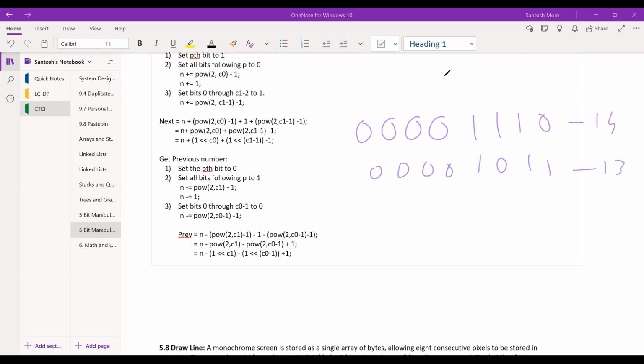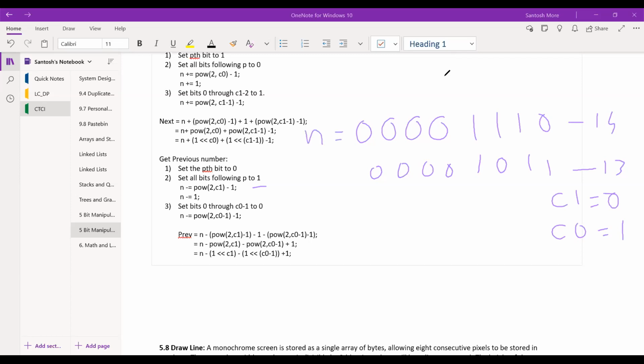So in this case, what he's saying now, if we look at this one, our C0, we have to look for a pattern like this. To get the previous number, we have to look for, in this case, C1 is equal to 0 and C0 is equal to 1. So if we go via this mathematical representation, now this is our n.